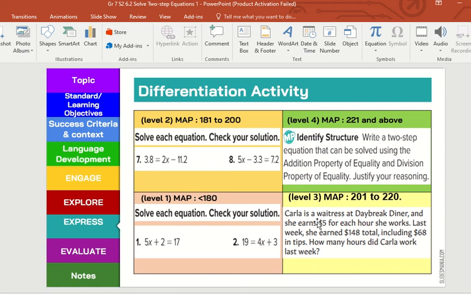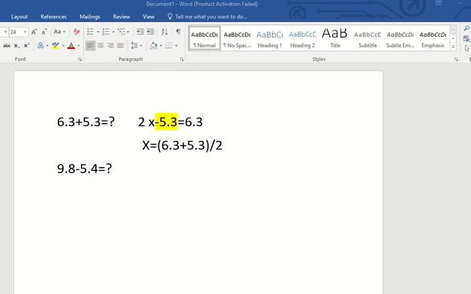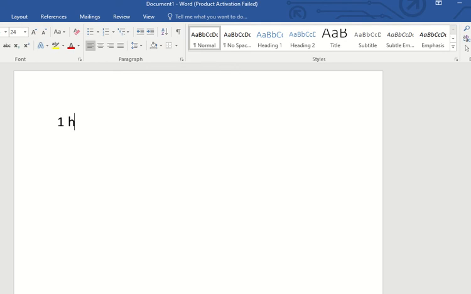The next is: Kylra is a waitress at the Daybreak Diner, and she earned $5 for each hour she works. For example, for each hour she works, she gets $5. Let's say she is working for 1 hour, she will get $5.